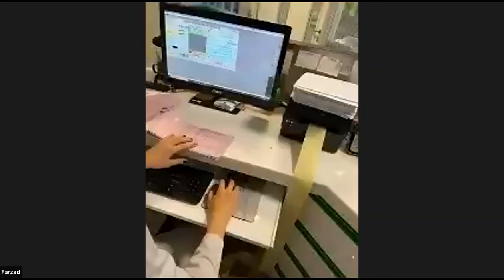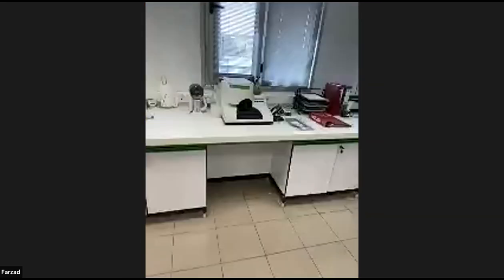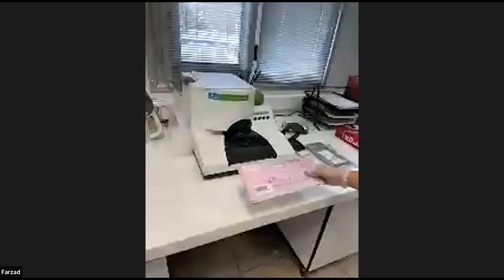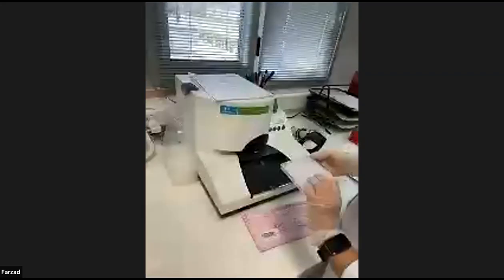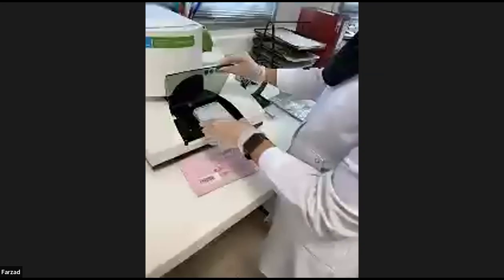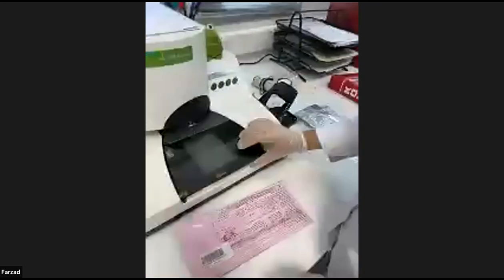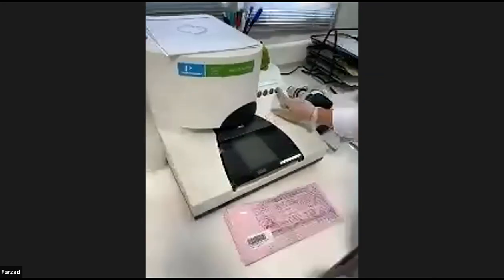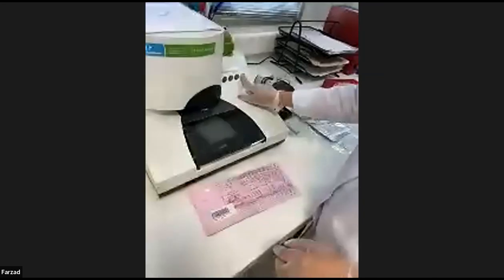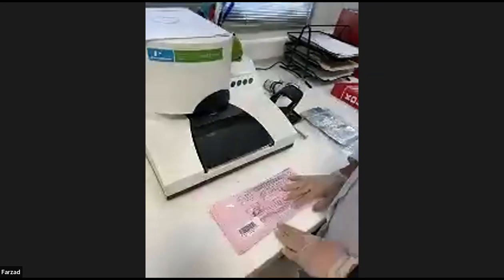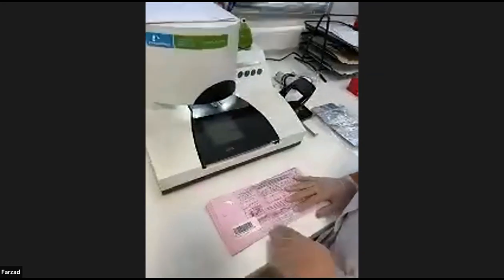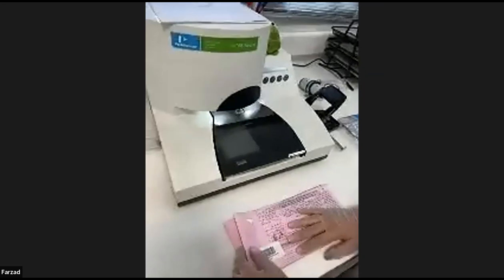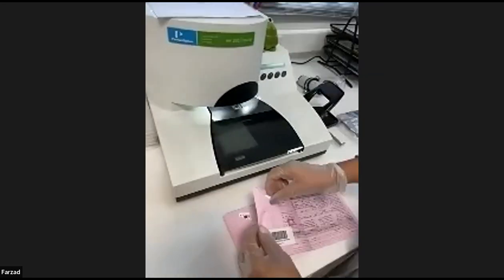After that, the samples are going to be punched in the lab. This is the punching machine. As you see, the 96 well plate is placed in the machine, and then according to a program, the machine is ready for punching, and here is the process of punching.